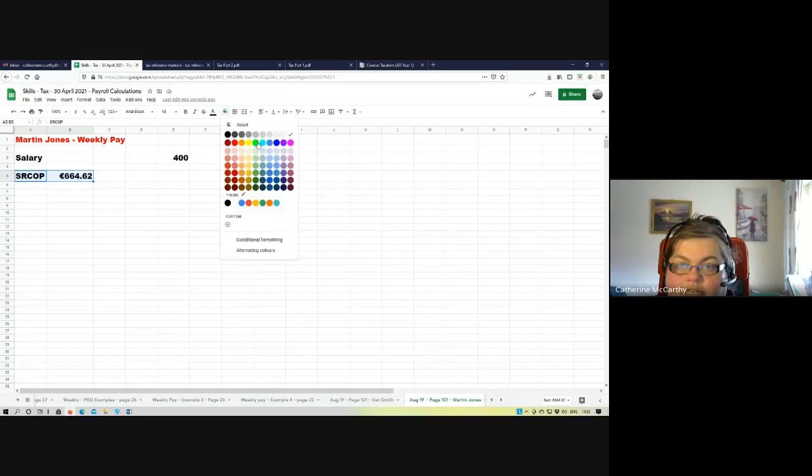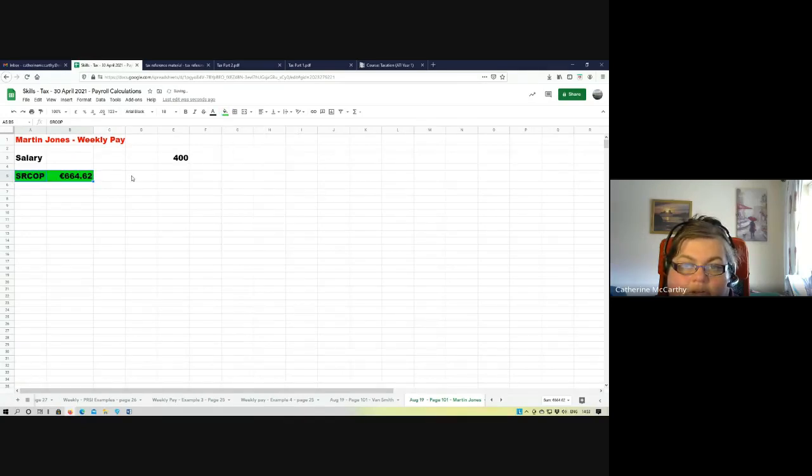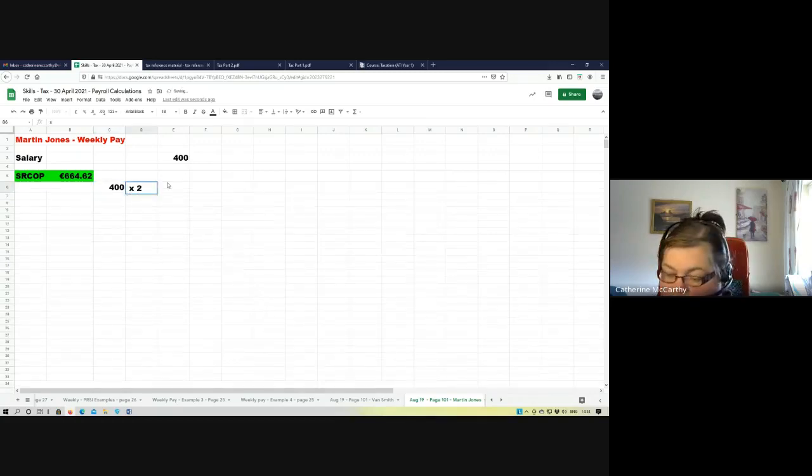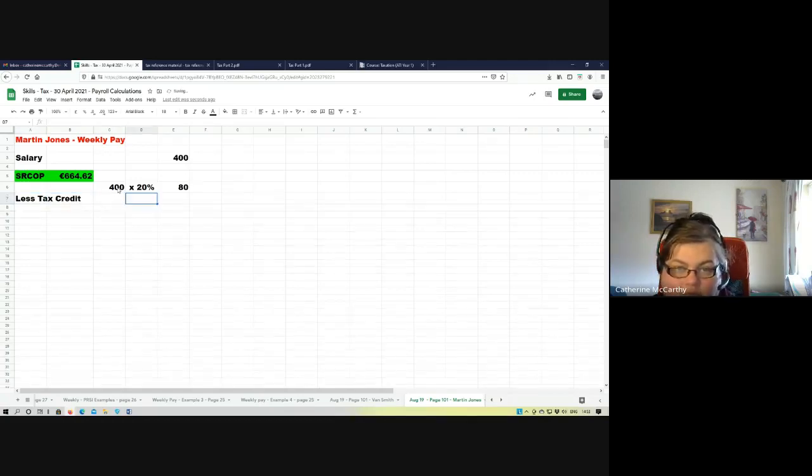So what's he going to pay his tax at? His salary is 400, standard rate cutoff point is 664. So what's it all going to be? It's all going to be at 20%, exactly. So 400 by 20% is €80. And then less the tax credit, which is 63.46.